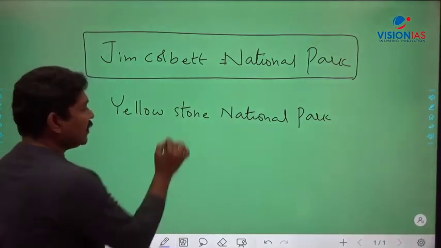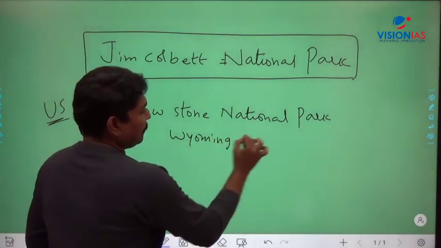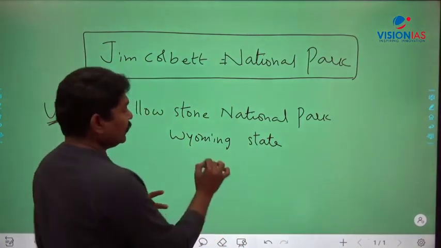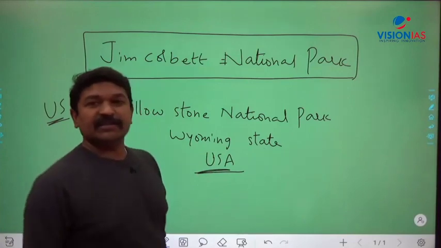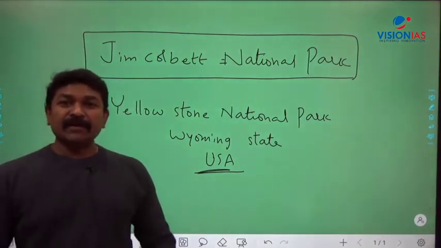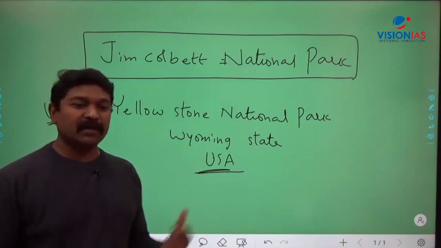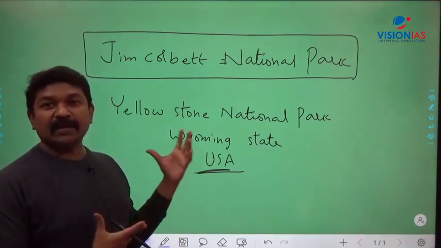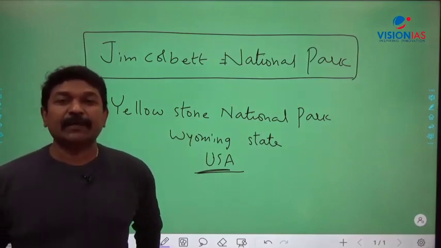Where is this Yellowstone National Park? It is there in the Wyoming state of USA. The world's first national park concept was brought here by the USA in the national park called the Yellowstone National Park. What is the importance of this Yellowstone National Park?